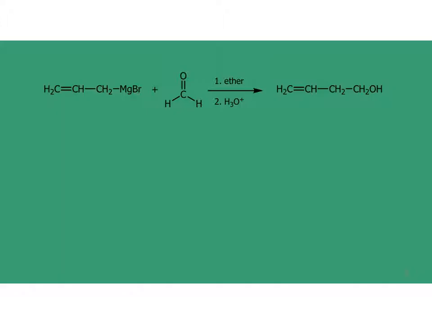So these are mechanistically some of the simplest reactions that we deal with in this chapter. So let's write out the mechanism of this reaction. Here we have allyl magnesium bromide reacting with formaldehyde. And unlike the reactions we've seen previously, these reactions are generally not equilibria.